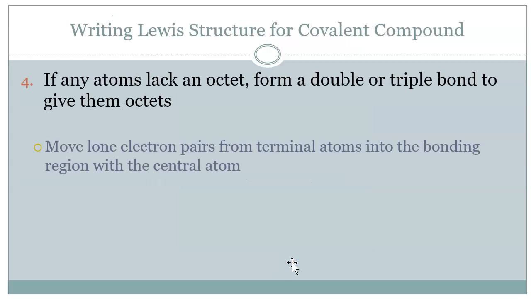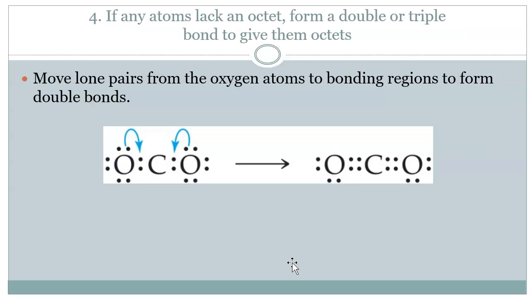So if any atoms lack an octet, then we're going to go ahead and form a double or triple bond to give them octets. What this means is that we'll move the lone electron pairs from the terminal atoms into the bonding region with the central atom. So how this looks for carbon dioxide is that we take 2 pairs: we take 1 pair from this side and move it to the middle, and 1 pair from this side, move it to the middle.